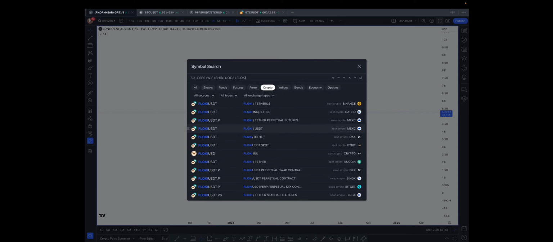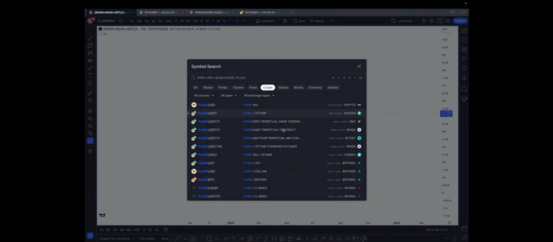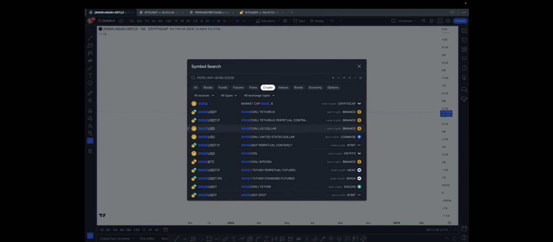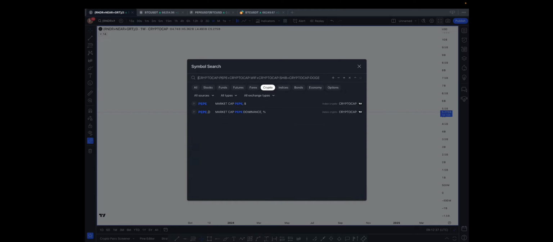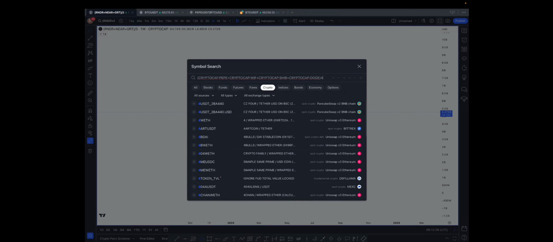Floki. Got market cap here for Floki? No. Right. Let's do the 4. Doge, SHIB, WIF, Pepe. Combine them. 5x4.